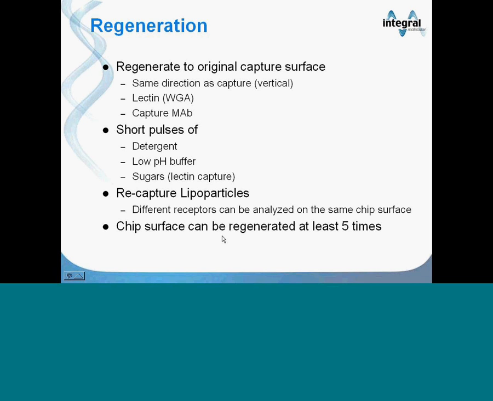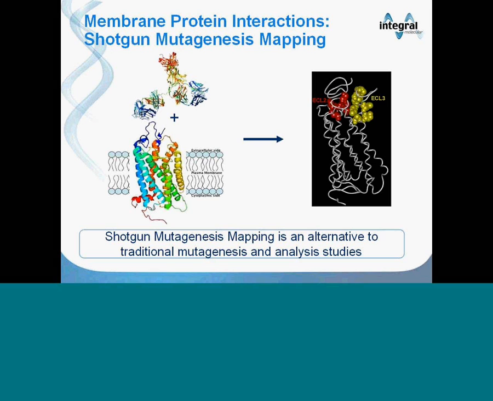And that's the second step of the process, is to assay for function. We can assay for functions such as ligand interactions, functional interactions, or antibody interactions. Critical residues are identified for each of the functions, and then in the third step, they are mapped onto the structure of the protein.